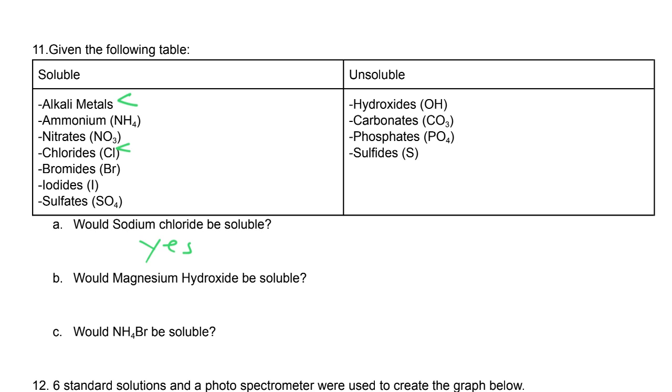And then hydroxide, I see over here, on the insoluble side. So since there's nothing on the soluble side and something on the insoluble side, we'll say no, not soluble. Now, NH4Br, well, I see bromide, so that's over here, but the NH4 is also ammonium, so two things from the soluble category. This would be highly soluble.